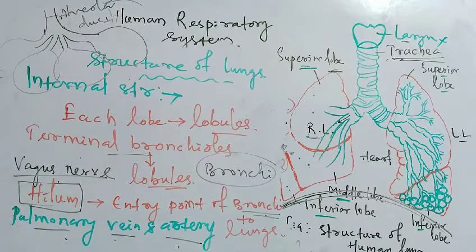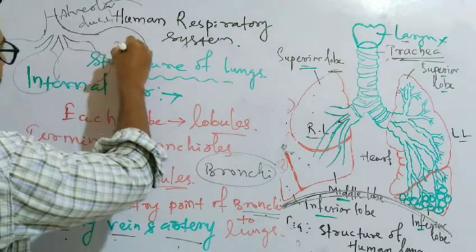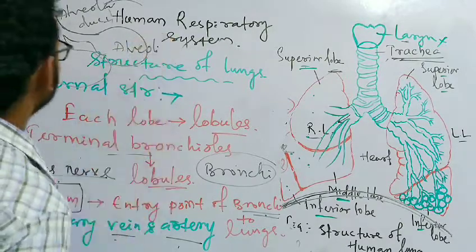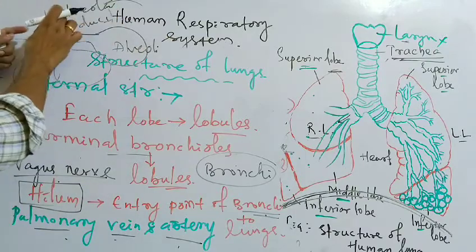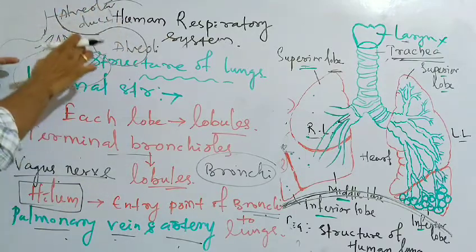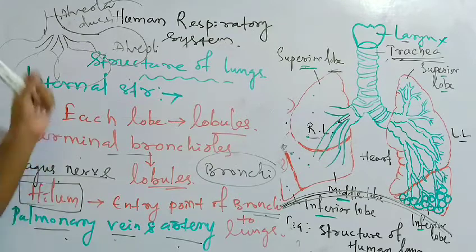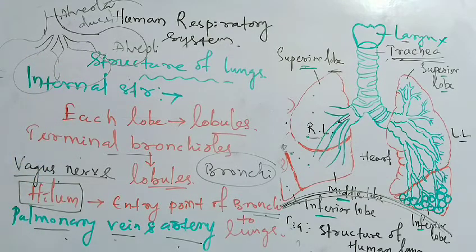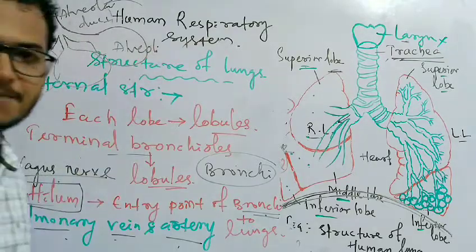Okay, so this is the exact structure. The air sacs or the alveoli are only formed after the alveolar duct divides into 2 to 5 different atria, and each atrium leads to a single alveolus.